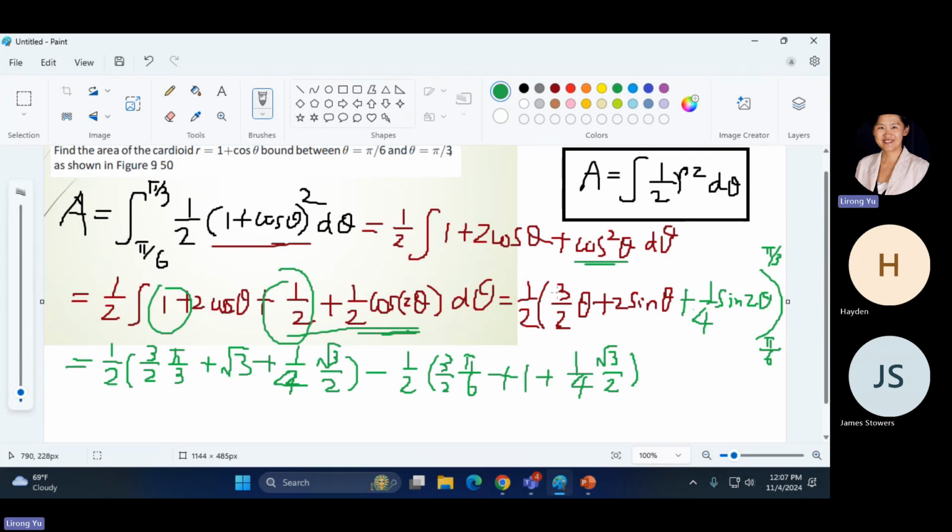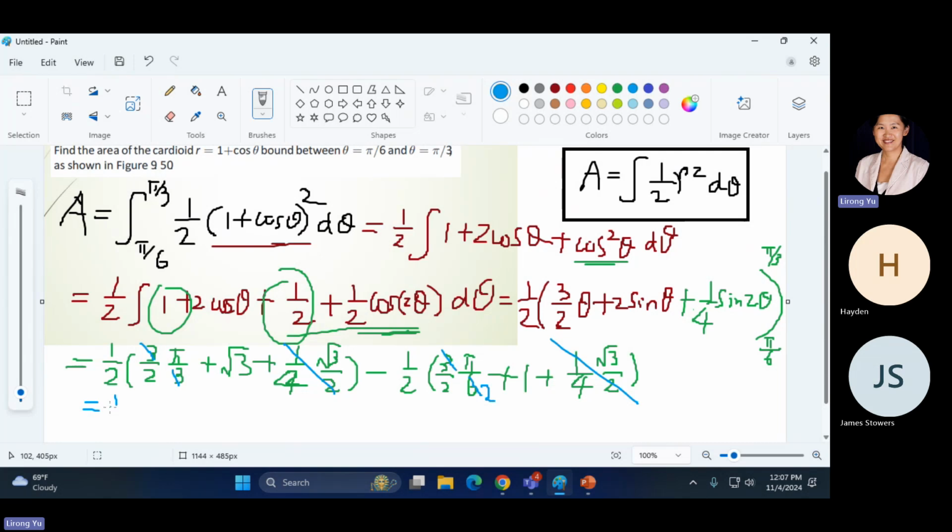Okay, now it's time to do the subtraction. Let's see, the whole term can be canceled. This one is equal to this one, so they subtract out. The rest, I don't see an opportunity to cancel. This cancels the root 3, and this cancels this.